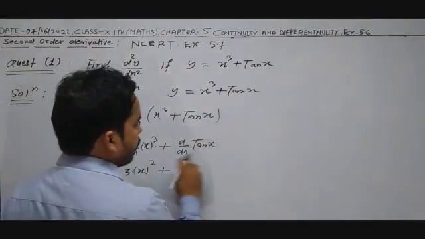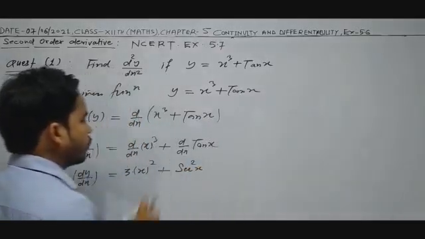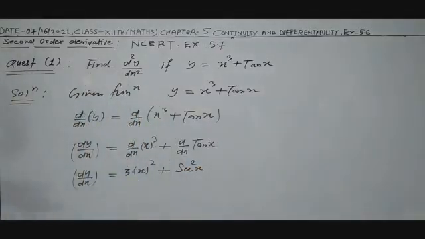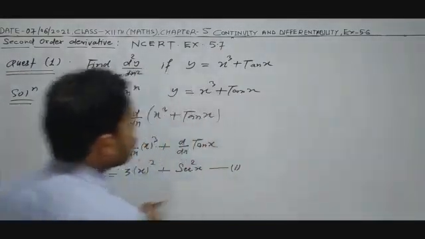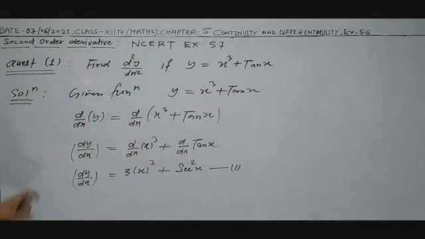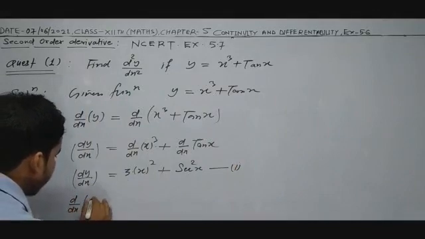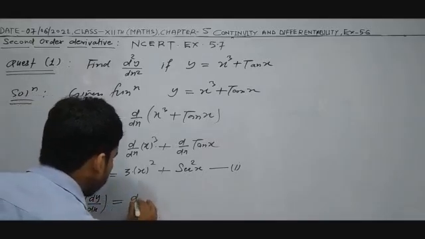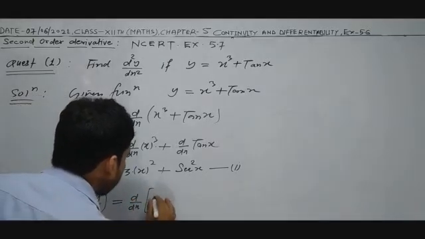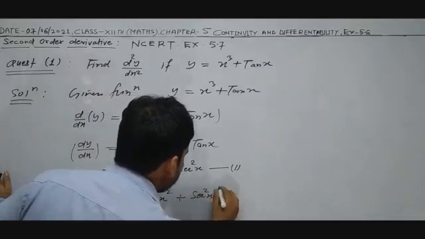Plus d by dx of 10x is sec square x. So this is the single derivative or first derivative. Consider equation 1. Now again operate d by dx on both the sides to get d2y by dx2. That is 3x square plus sec square x.